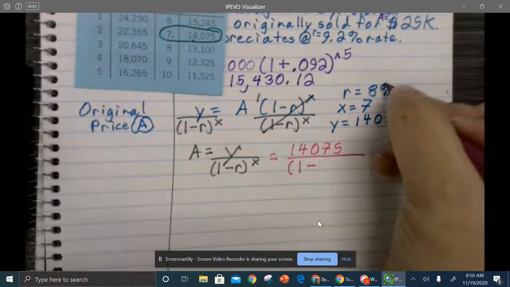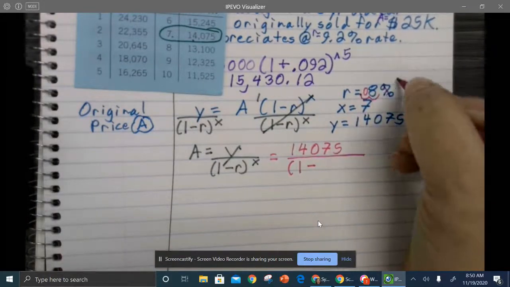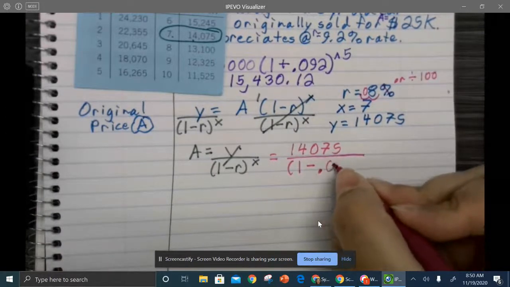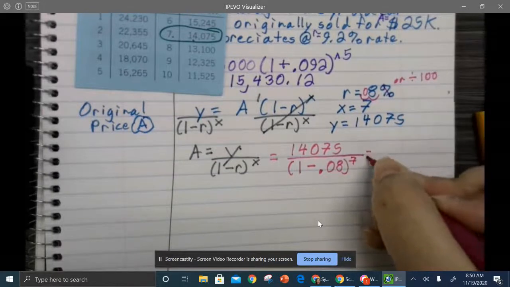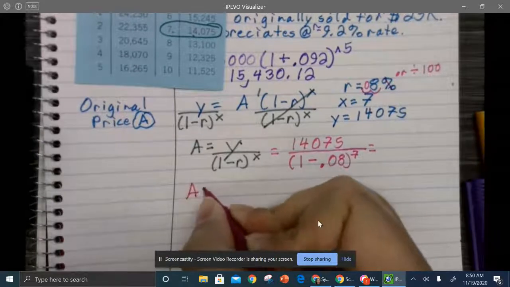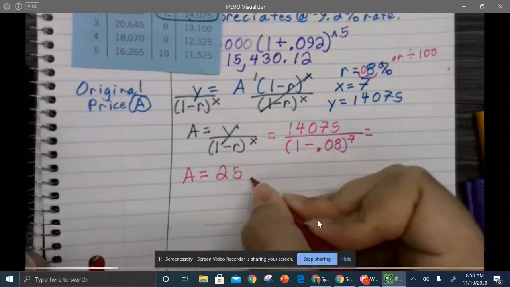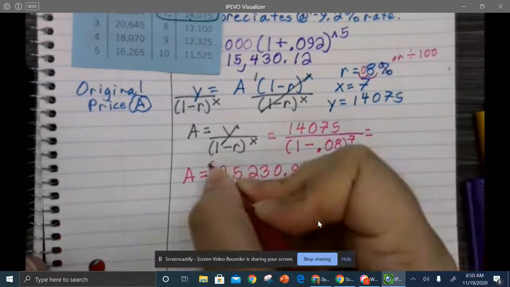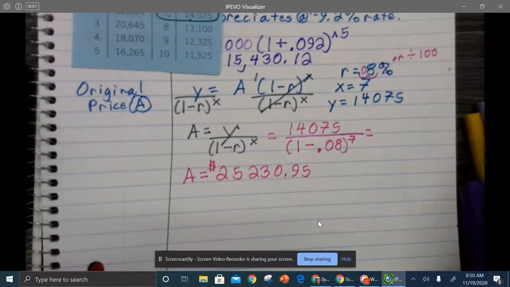And then 1 minus, remember, drop the percent sign, move the decimal to the left, or divide by 100. x is our 7. So we're going to put that on the calculator, and we get A is equal to $25,230.95.